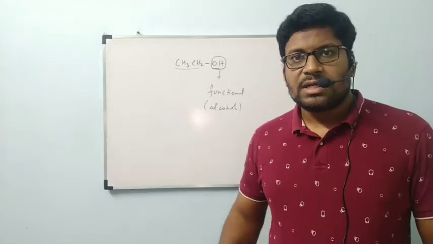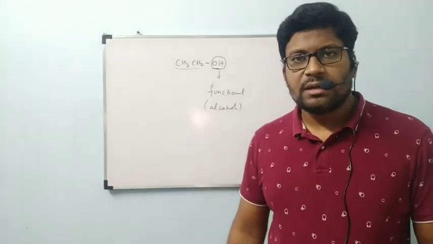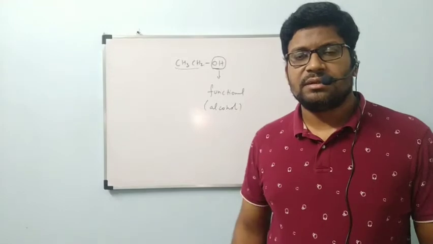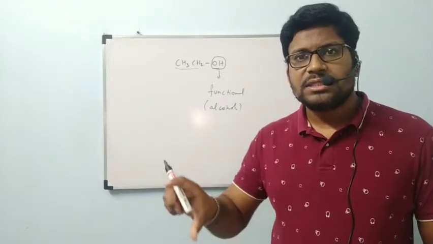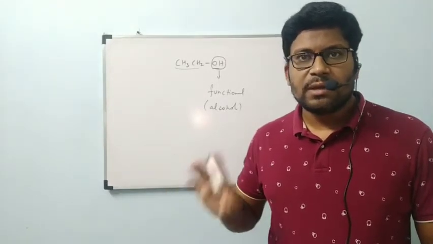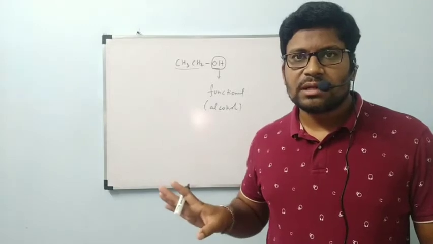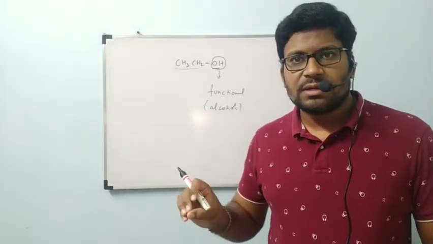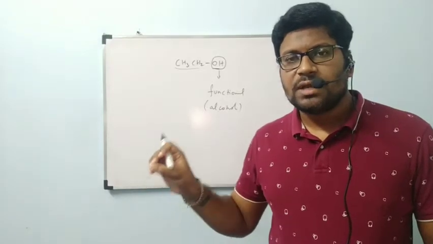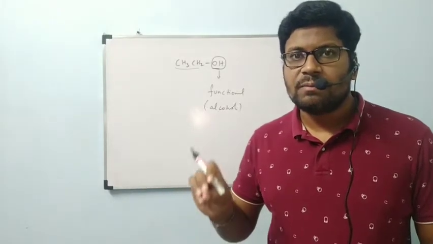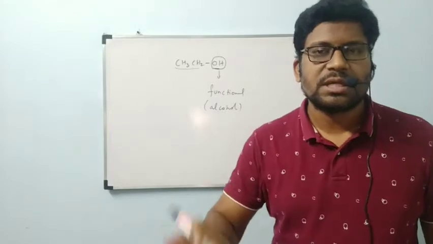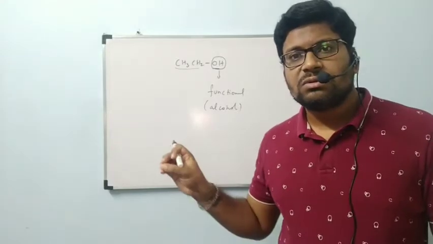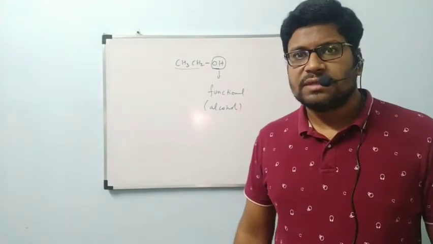What is its structure, its secondary suffix, and its name? All these I will give in the form of a tabular column. First note down the tabular column and prepare it well once or twice. According to the tabular column, we are going to name the compounds which contain functional groups. So functional groups will get a secondary suffix.